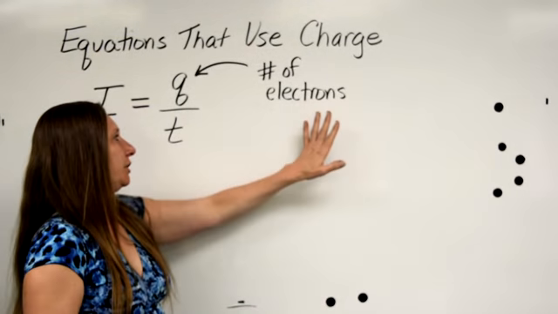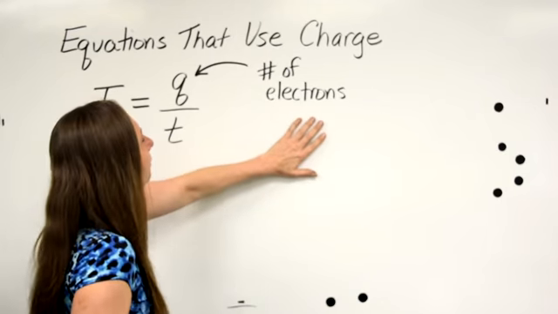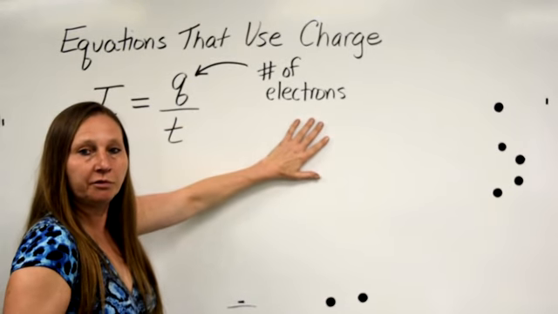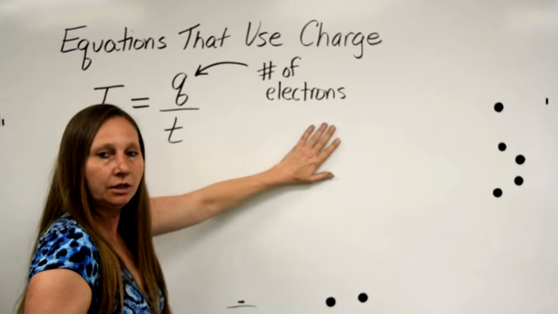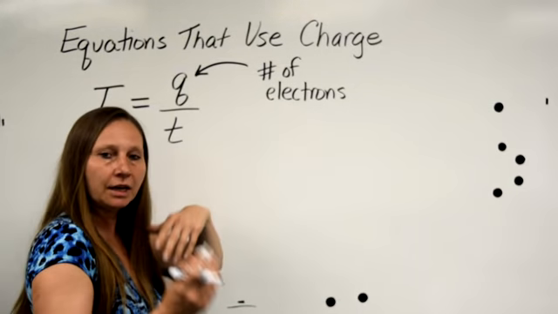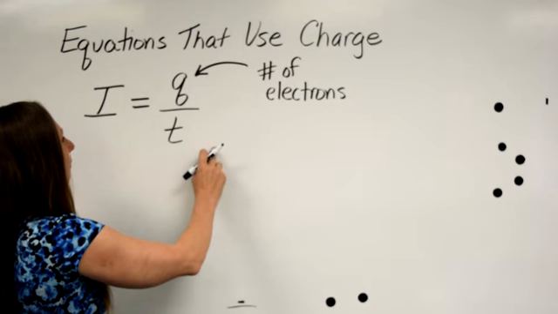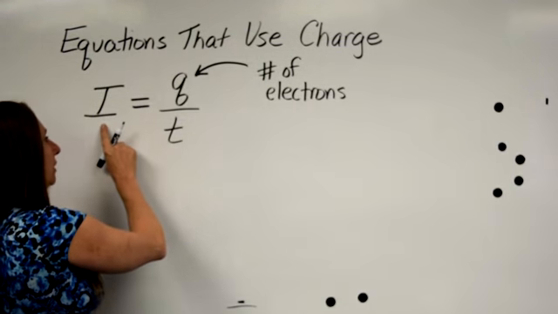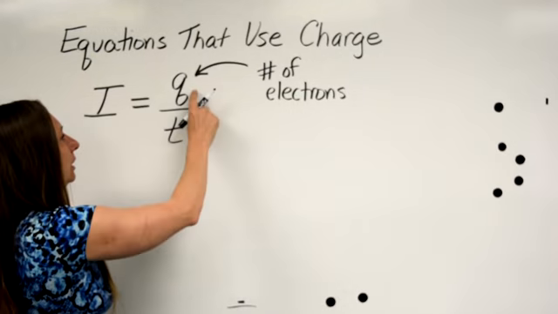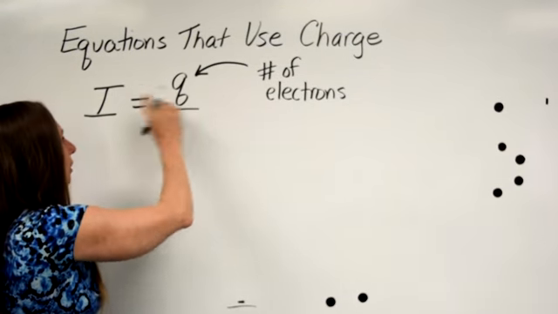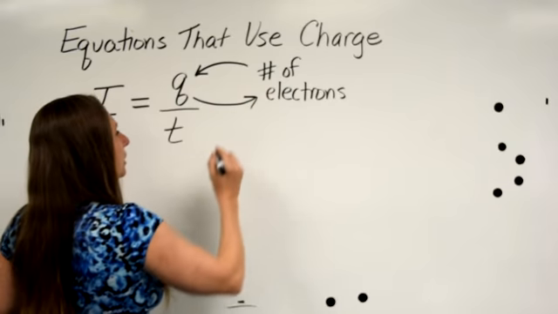So if you've got a total of 5 electrons, that's going to be 8 times 10 to the negative 19 coulombs, etc. Now, we'll talk about that again in just a minute. If they give you the current and the time, and they ask you how many electrons that is, you're going to have to get the charge first with this equation, and then convert that charge to number of electrons.